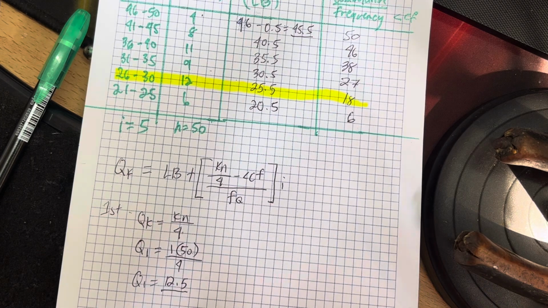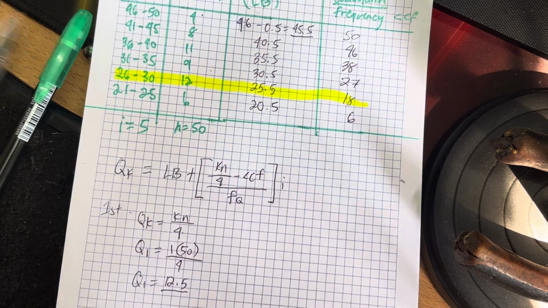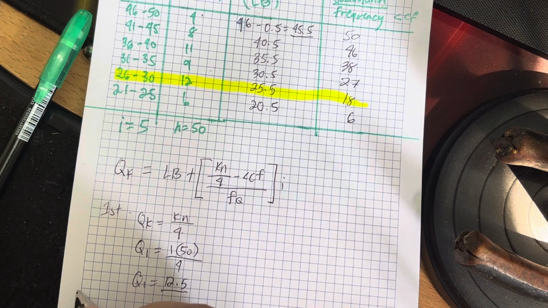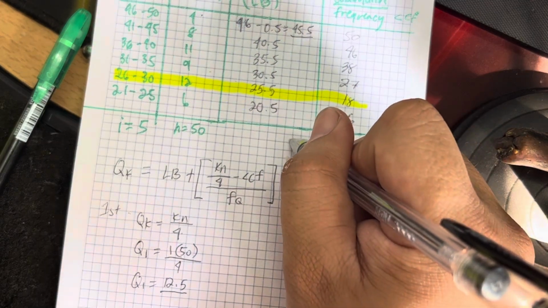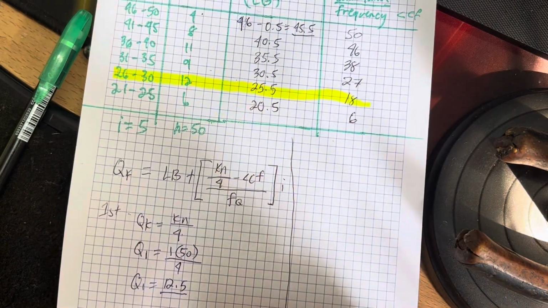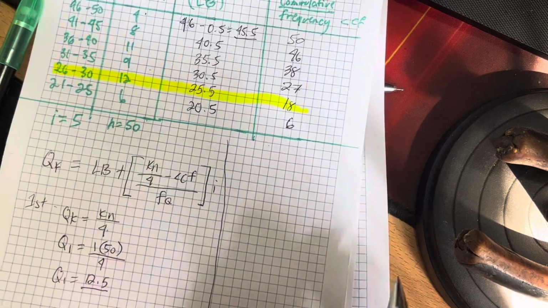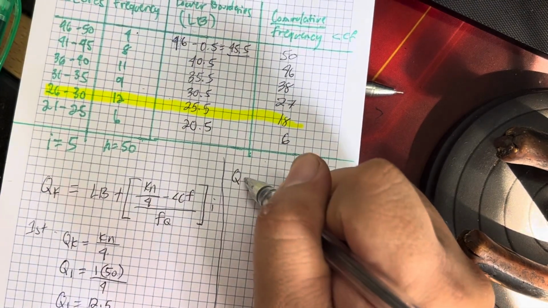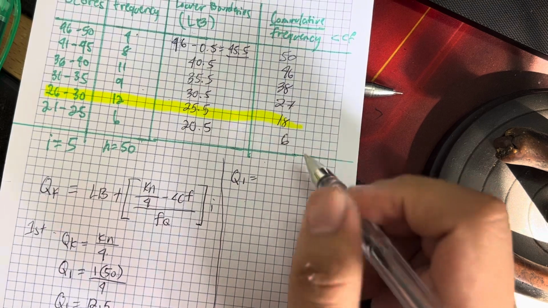Okay? So halimbawa nakuha mo na yan. Next one, we have to proceed to our formula. To proceed to the formula, quartile K, yung K natin is 1, quartile 1.